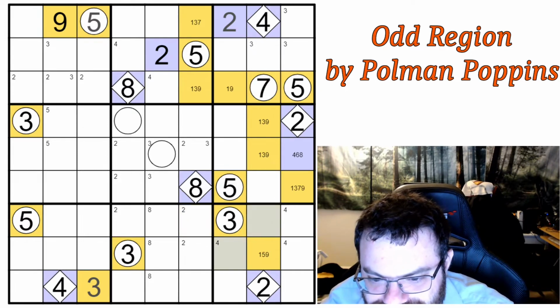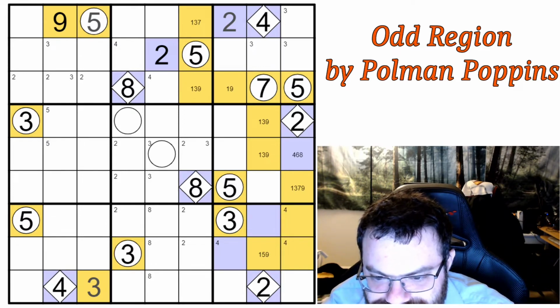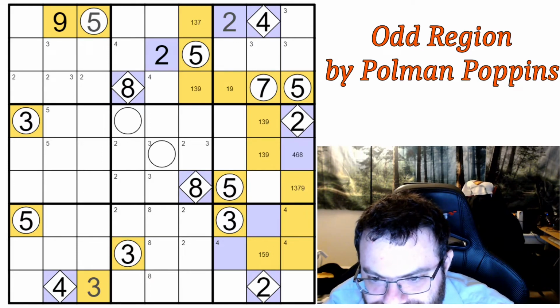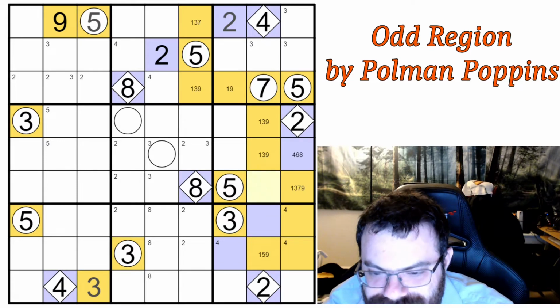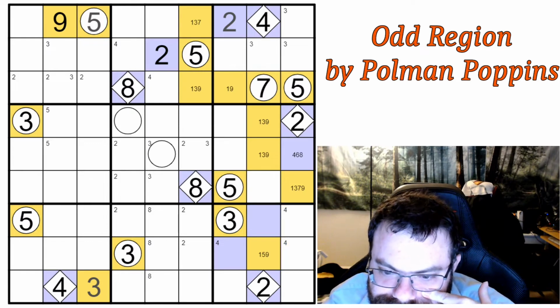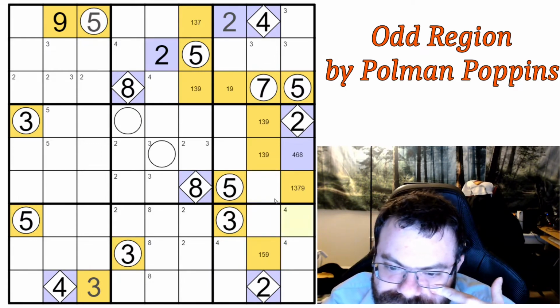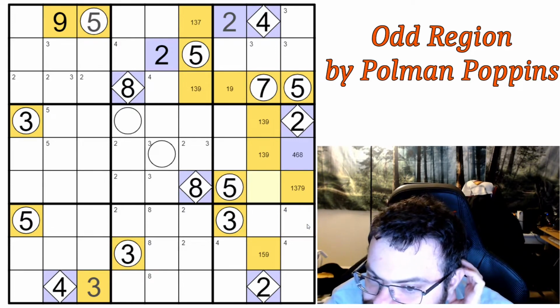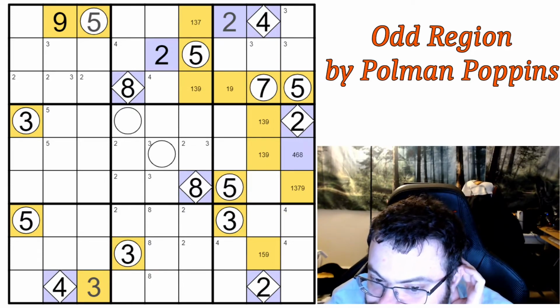So if I made these 2 even, this would have to connect up like that. I don't think that actually forces this to be anything in particular. I think I was saying at least one of these is odd, but they could both be odd as well.